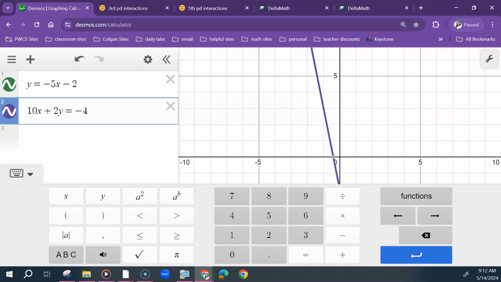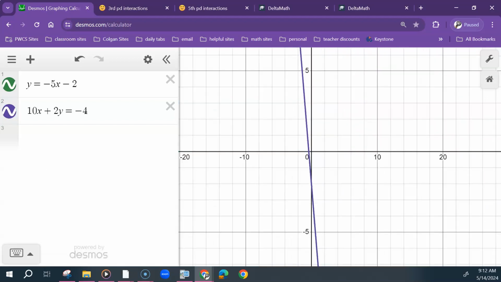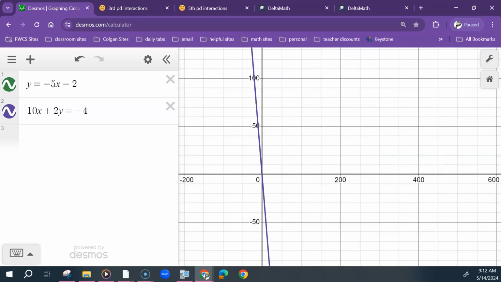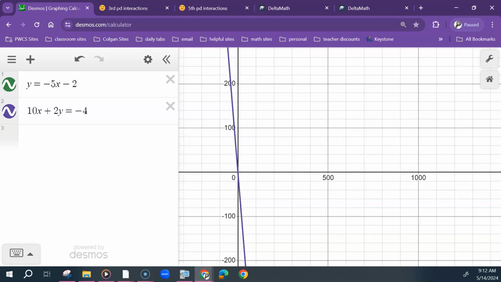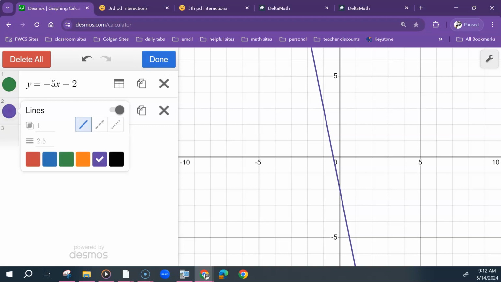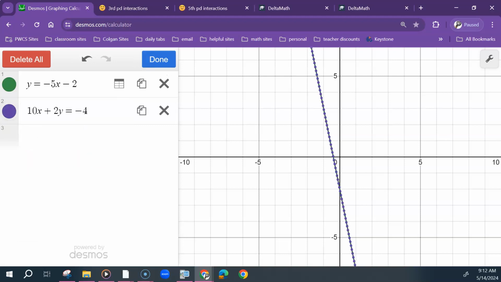You may need to zoom out. They may have also overlapped, and I may have not seen that. So because they overlap, this would be infinitely many solutions.